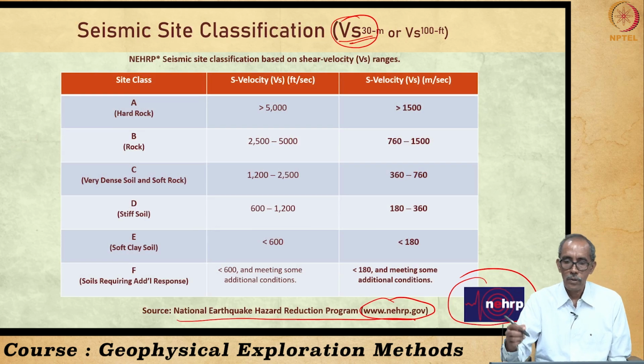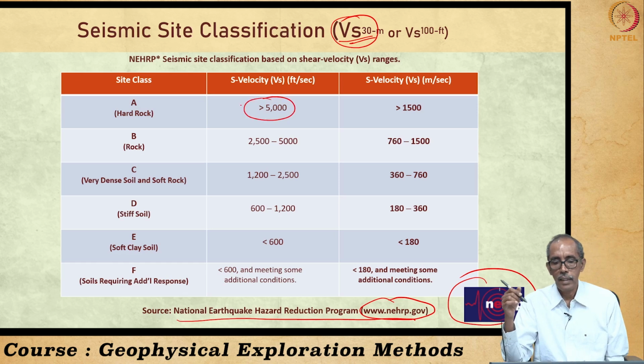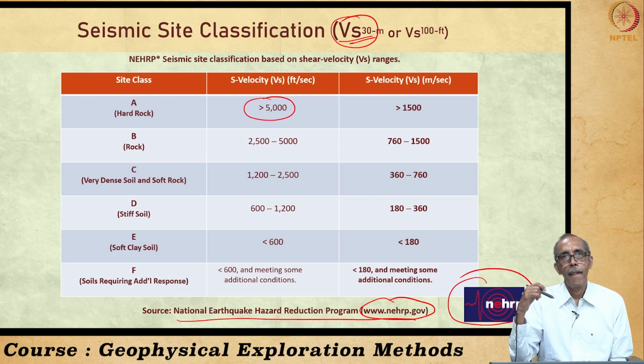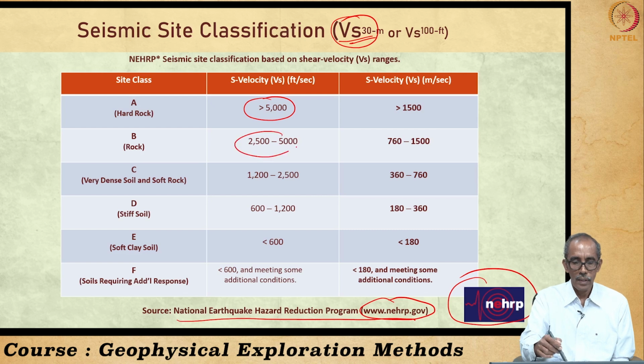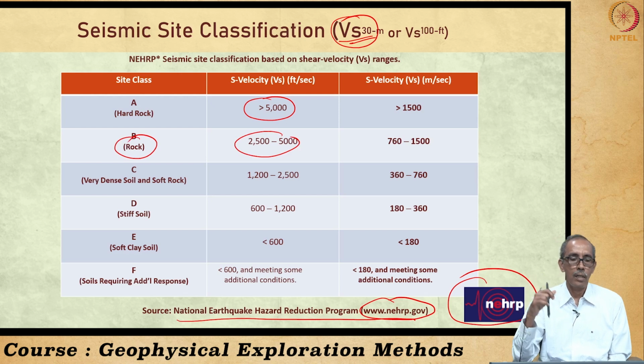So, if the velocity is greater than 60, then the rocks are considered to be very hard. If the velocity is of this range, it is considered still a rock.